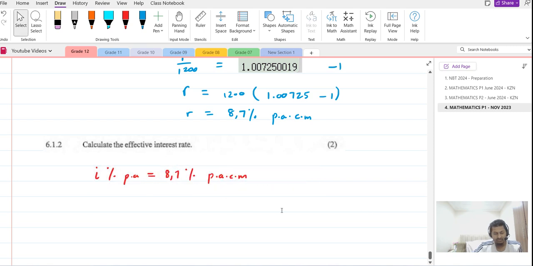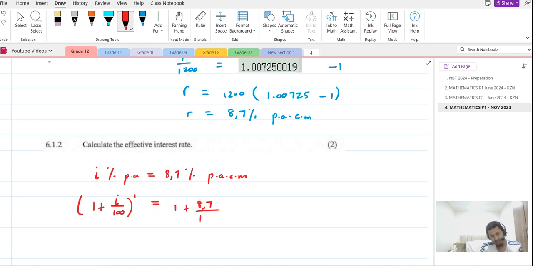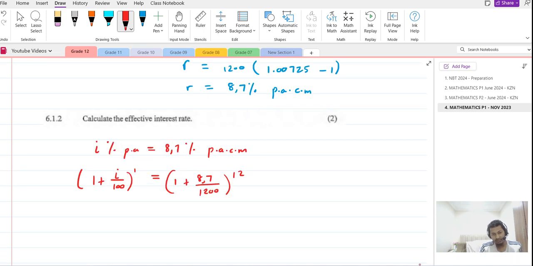So this is going to be 1 plus i over 100, right, to the power 1, because yearly, is equal to 1 plus 8.7 over 1200 to the power 12. So it's easy now, minus 1 and multiply by 100. So we're going to take this minus 1, right, and then multiply by 100.